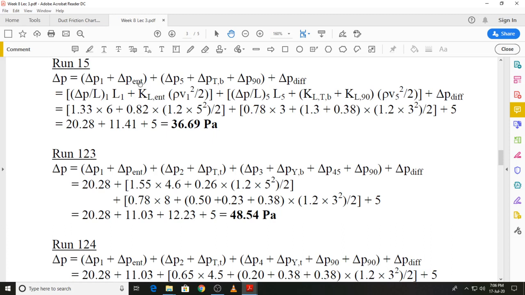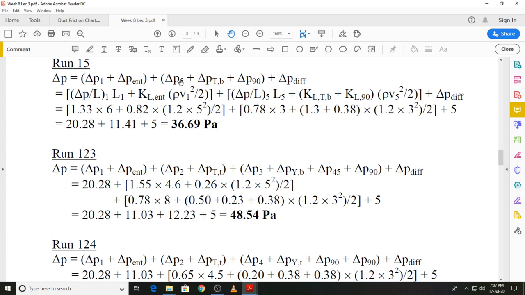After that you move into segment 5, and in segment 5 the 2 straight portions of 1.5 meter length each can be combined into a single portion of length 3 meters, and then you can calculate the frictional pressure drop due to that straight part of the duct.